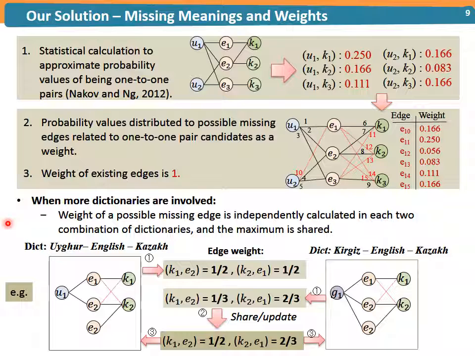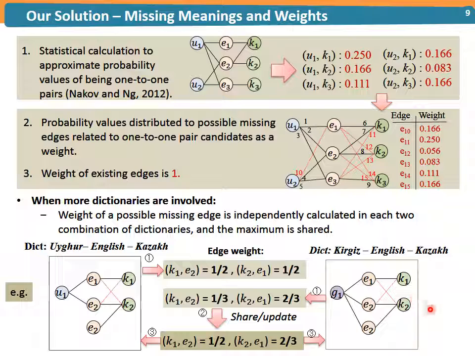When more dictionaries are involved in the induction process, for example when we have 3 input dictionaries, the weight of the possible missing edge is independently calculated in each 2-combination of the dictionaries, and the maximum is shared. For example, from the Uyghur-English and the English-Kazakh dictionaries, we can get a particular weight for a particular missing edge.